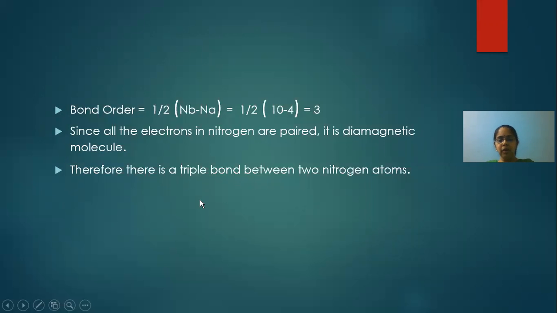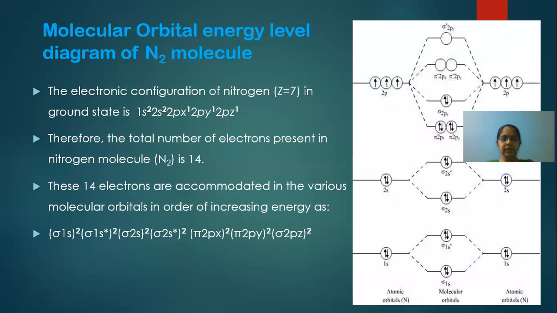Now the magnetic properties of any molecule are explained by considering the unpaired electrons. If the molecular orbitals contain any unpaired electron, then that molecule is said to be paramagnetic. If they do not contain any unpaired electrons, the molecule is said to be diamagnetic.